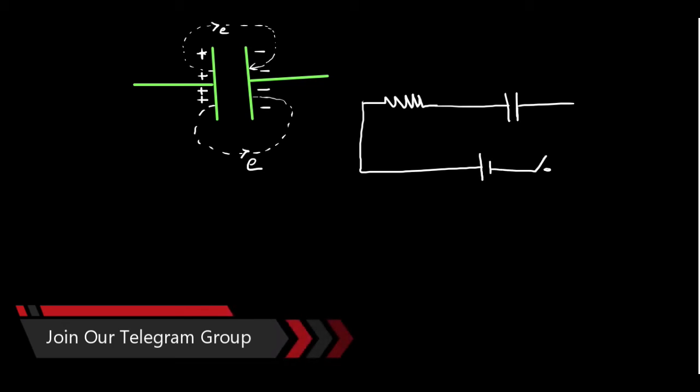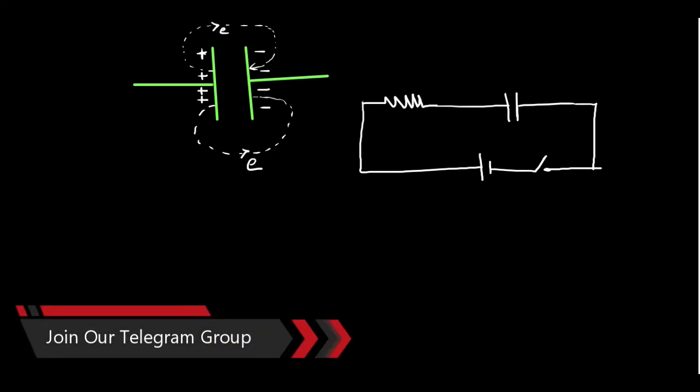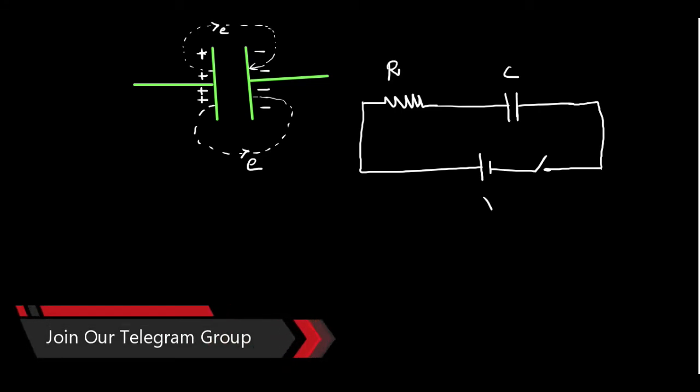We'll connect it to a battery. So this is our RC circuit, with a voltage battery, and there's one switch also.